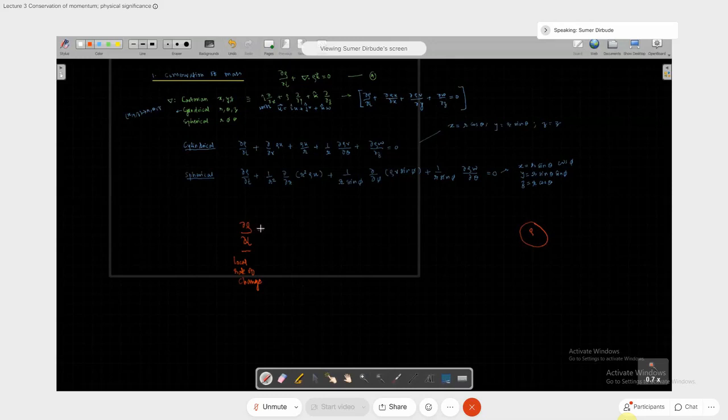So this is a local change, and this is a flux, you can say net outflux: ∂(ρu)/∂x plus ∂(ρv)/∂y plus ∂(ρw)/∂z equals 0. This part is a net outflow of mass.